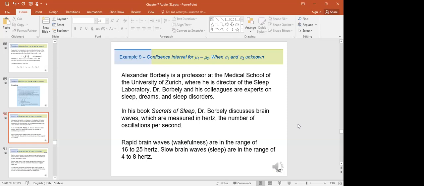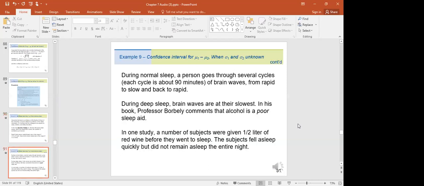Rapid brain waves, which is wakefulness, are in the range of 16 to 25 hertz. Slow brain waves, sleep, are in the range of 4 to 8 hertz. During normal sleep, a person goes through several cycles, each for about 90 minutes, of brain waves, from rapid to slow and back to rapid. During this sleep, brain waves are at their slowest.